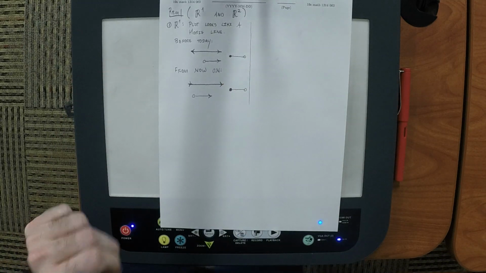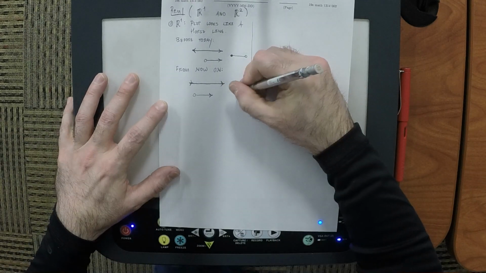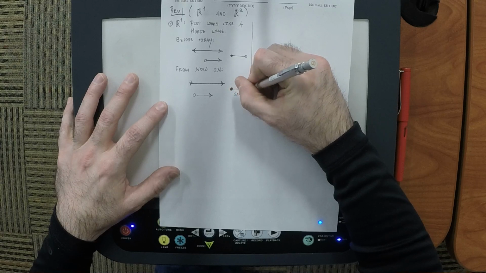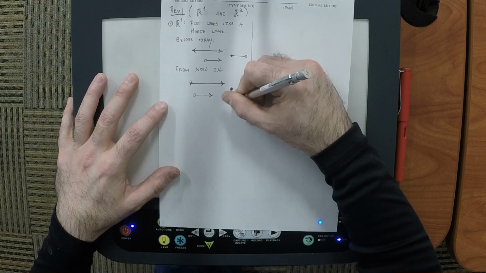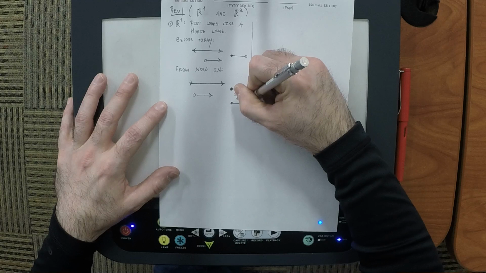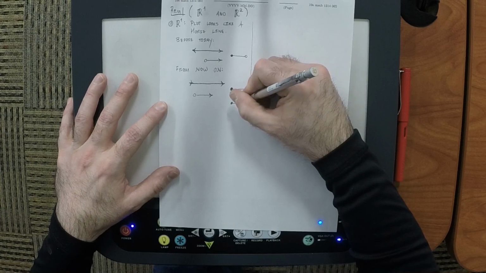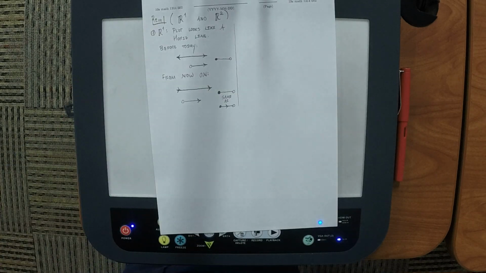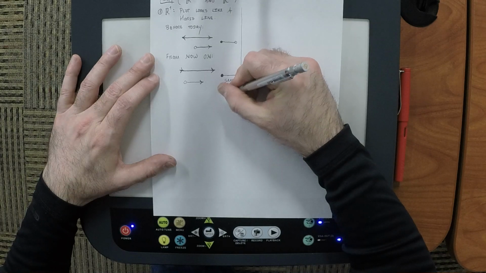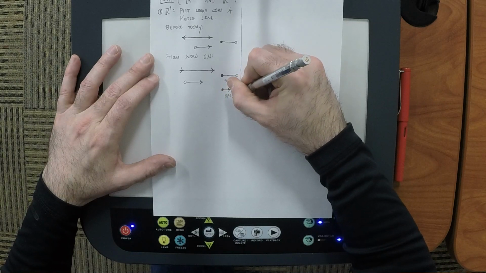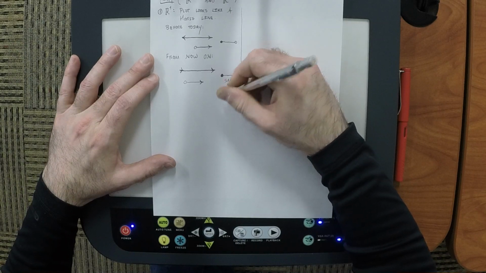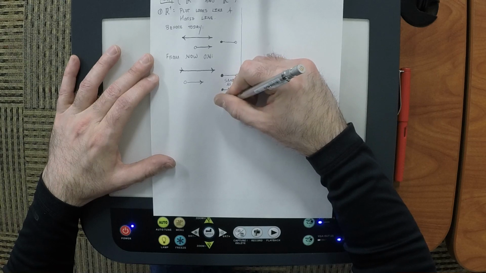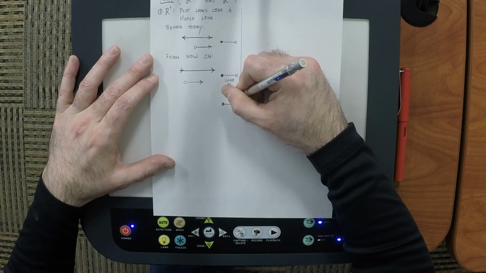But this is going to be the same as this one, meaning that we put a little barb in it, like that. So those are now the same. Okay, and that's the opposite of this, but with the barbs going the other way.